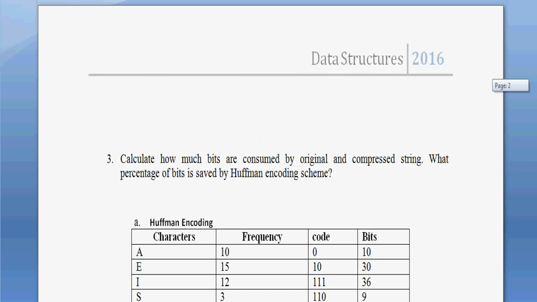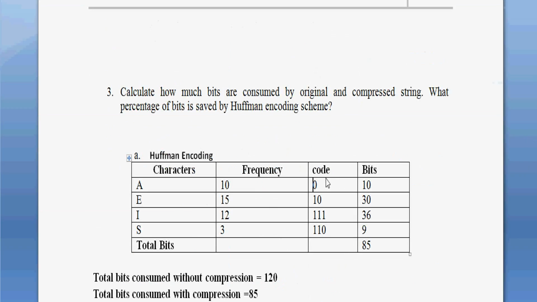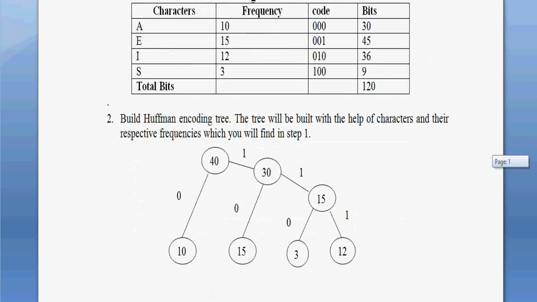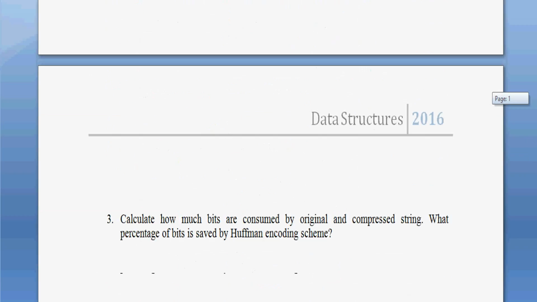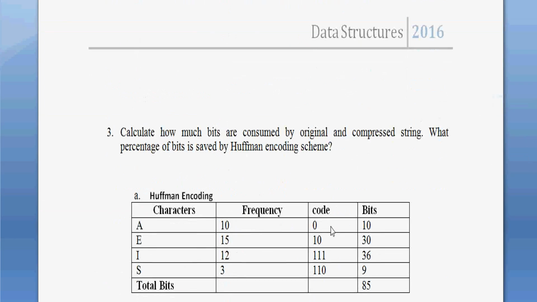So we have one bit here, and to reach E from the root, we have to go through this path all the way towards here. So we will use only 2 bits, 1 and 0. And you can write 1 and 0 here, and then respectively I and S.